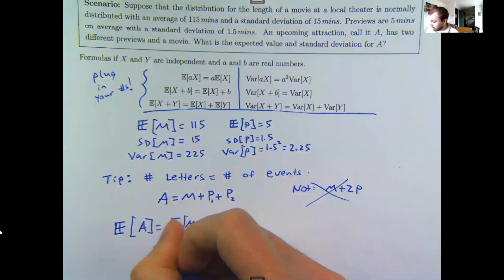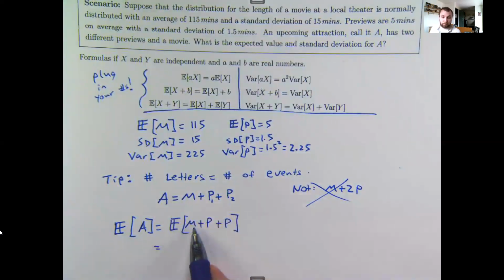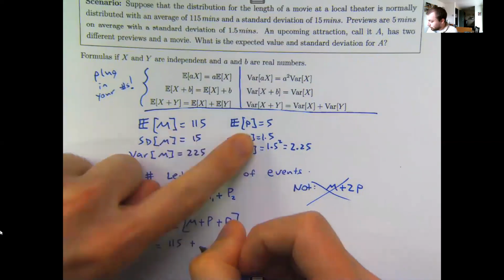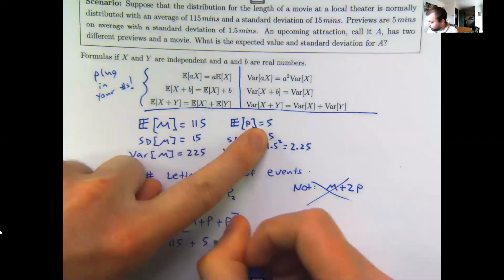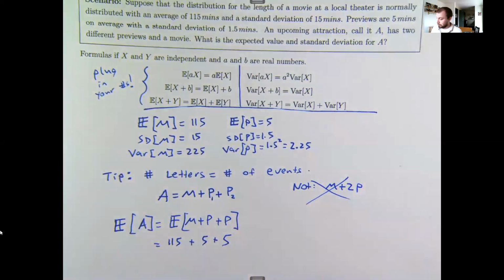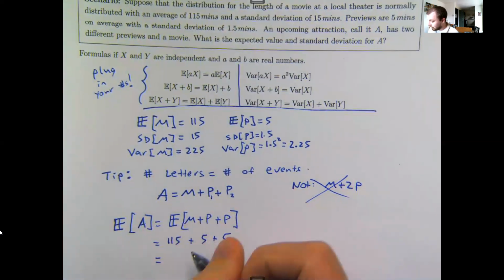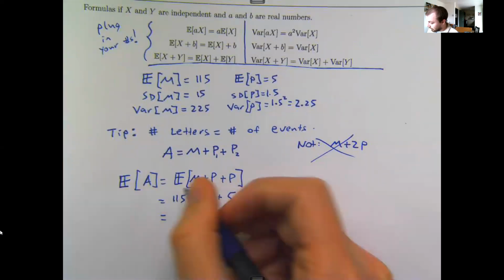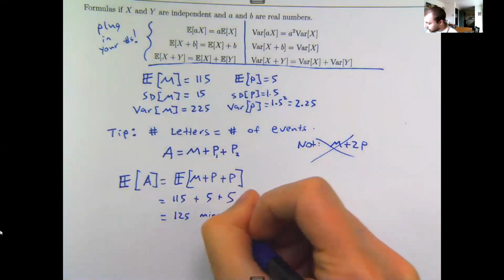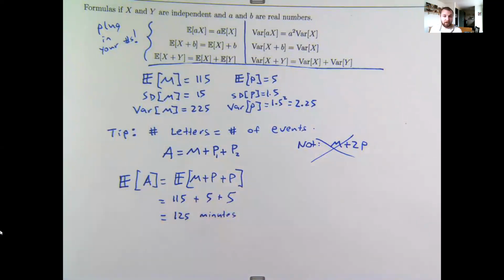Here's what I mean by that. If I want to know the expected length of the movie and the 2 previews, I'm going to take the expected length of the movie, 115, plus the preview, 5, plus the preview, 5. And when I do this, I get 115 plus 10. I have 125 minutes is what I'm expecting for this upcoming attraction.